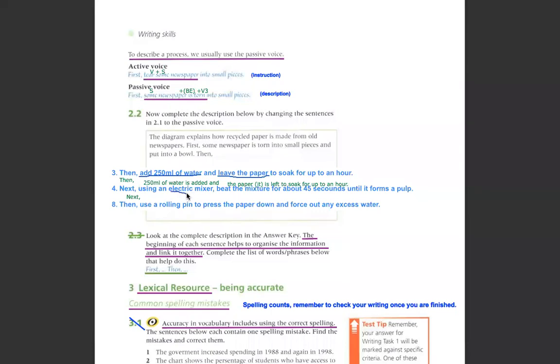So here's our subject. Okay, you're doing number 5. You're supposed to be doing number 4. Here's our subject. Here's our verb. So we need to swap those around and use the passive. I'd like you to write the whole sentence because there's other parts that we need to change as well.